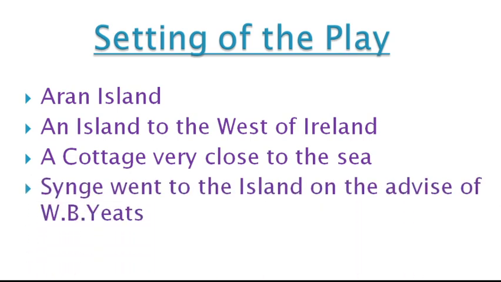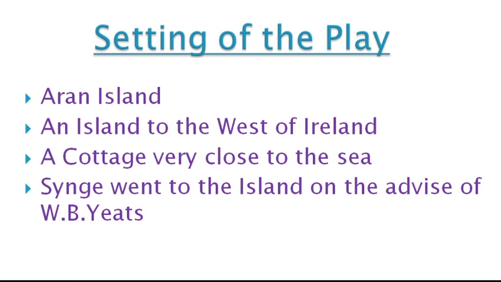And a piece of information I have to give you is that Synge went to Arran Island on the advice of W.B. Yeats, another great literary figure. So now I think we should start the story.